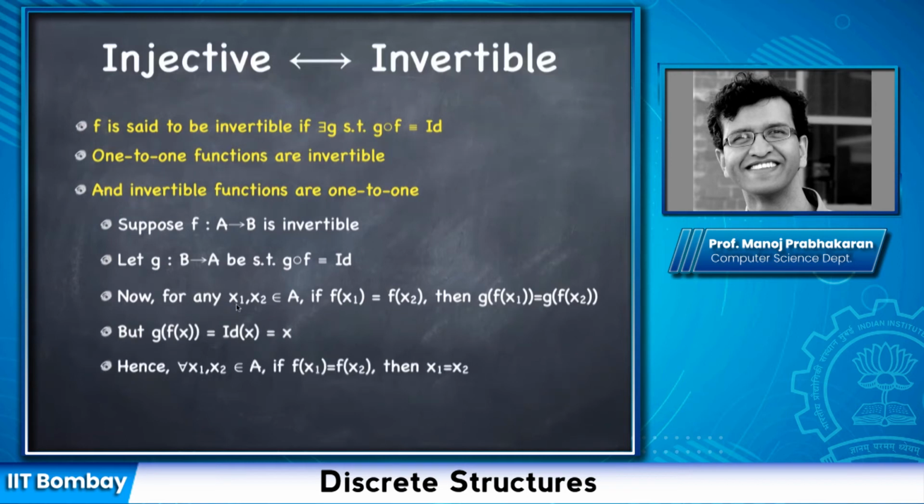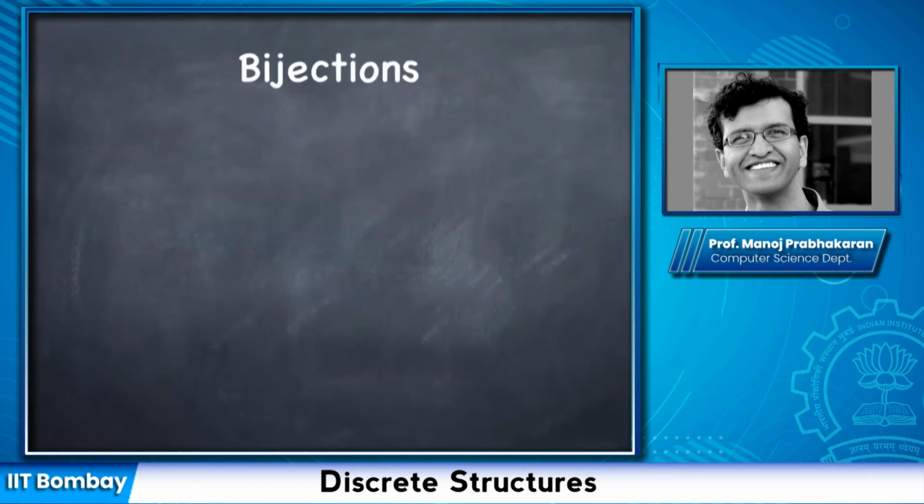And that is the statement I wanted to prove, that for any two elements in the domain, if f of x1 equals f of x2, then x1 equals x2. Okay, so that completes the proof that invertible functions and injective functions are the same thing.